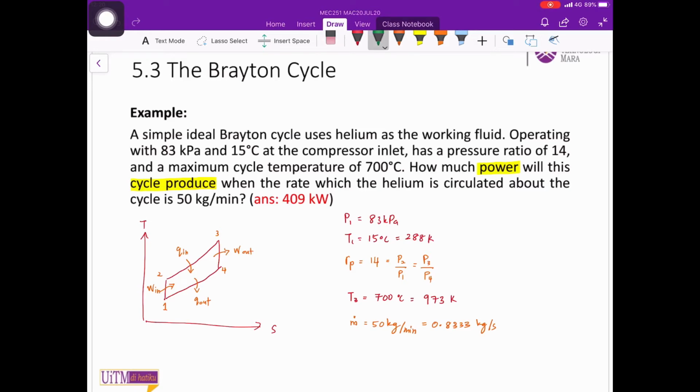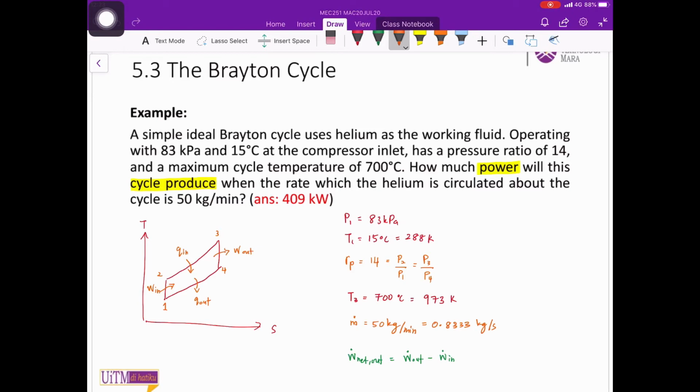This is actually referring to the W dot net out, and it is given by power out minus power in. Since all the devices used in the simple Brayton cycle are steady flow devices, we are going to use the steady flow energy equation in our analysis.